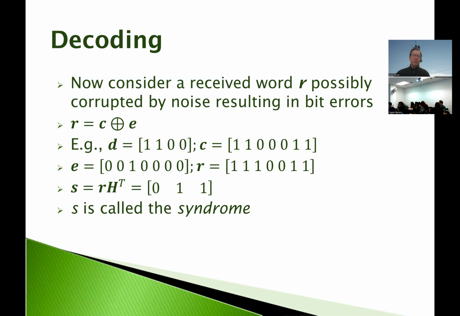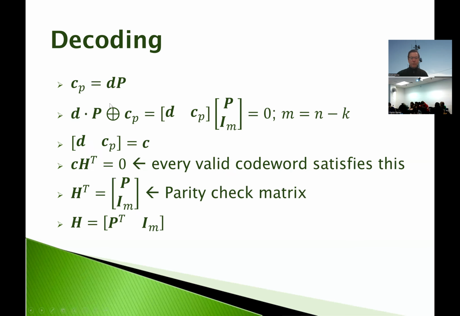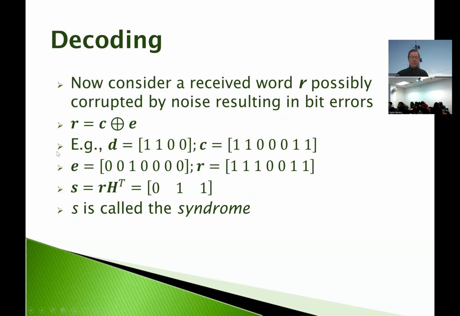Okay, so now we're going to define this S, and we're going to call this a syndrome. We're going to take this R and multiply it by this H transpose and see what we get, right? So if we take our true code word and multiply it by this H transpose, HT, we should end up with 0, right? But now we've got this R and we multiply it by the HT.